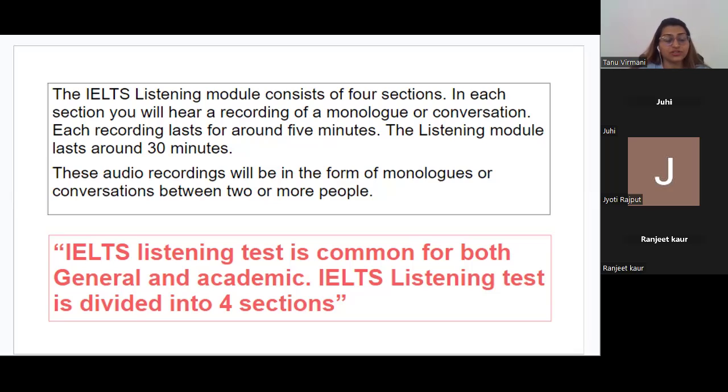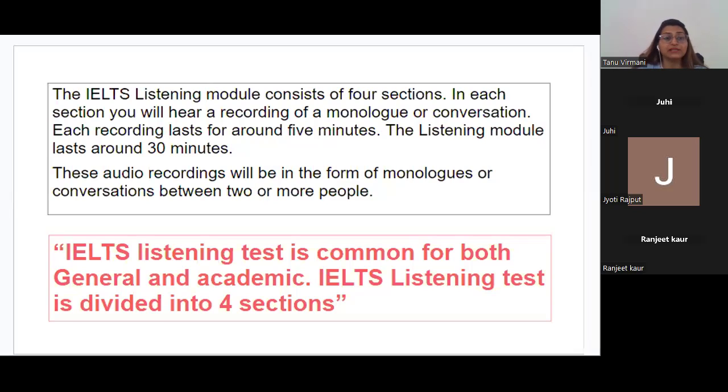In each section, you will hear a recording of a monologue or conversation. Each recording will last around 5 minutes. So basically, you're going to hear four recordings. Four sections means four recordings will be there, and the length of each recording will be approximately 5 minutes, not more than that.